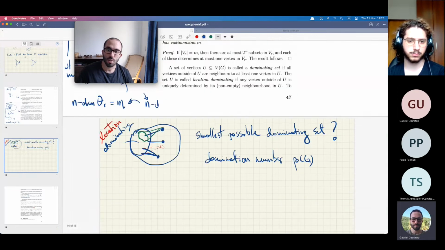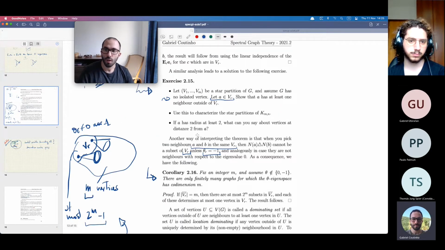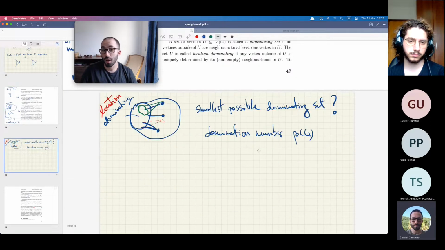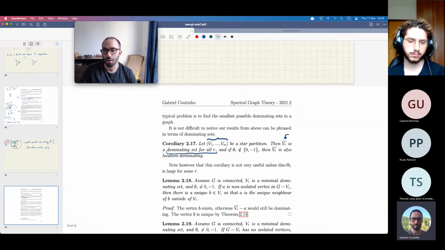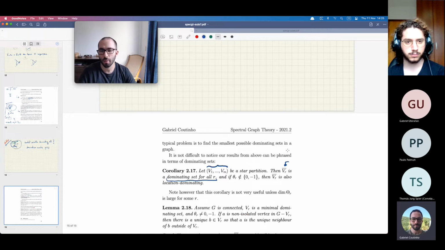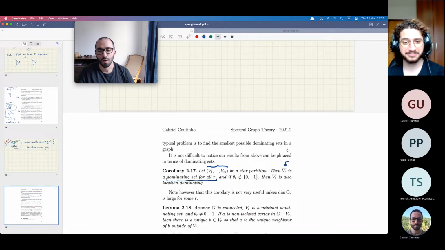Well, because I just told you that for any vertex in V_R, it must have at least one neighbor outside of it. And believe me or not, this is actually not that bad of a bound. It's not terrible.